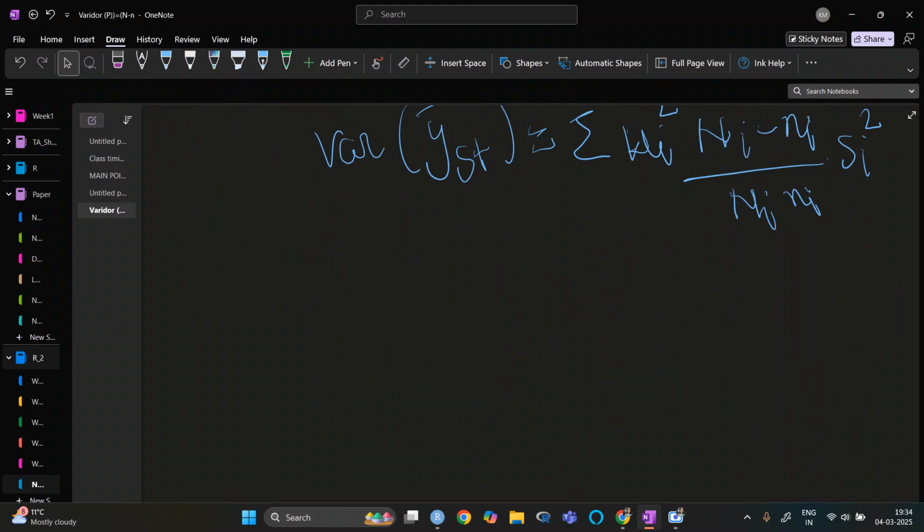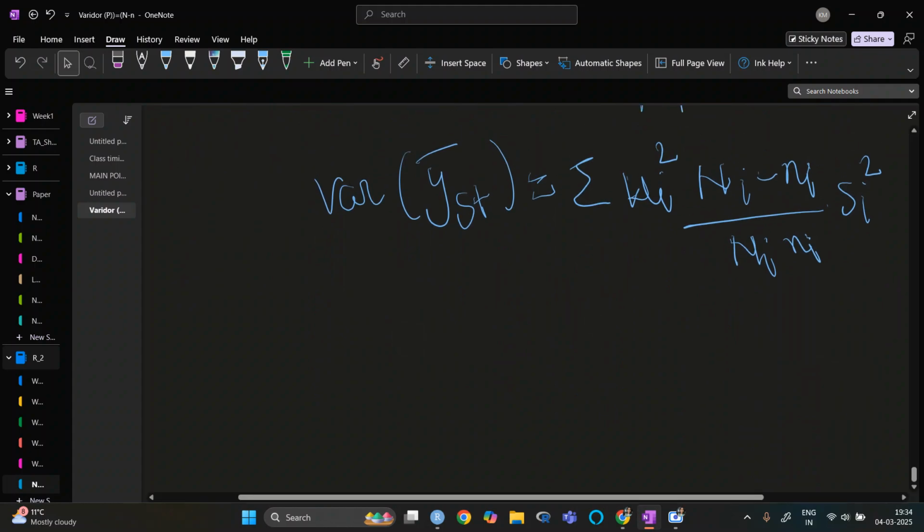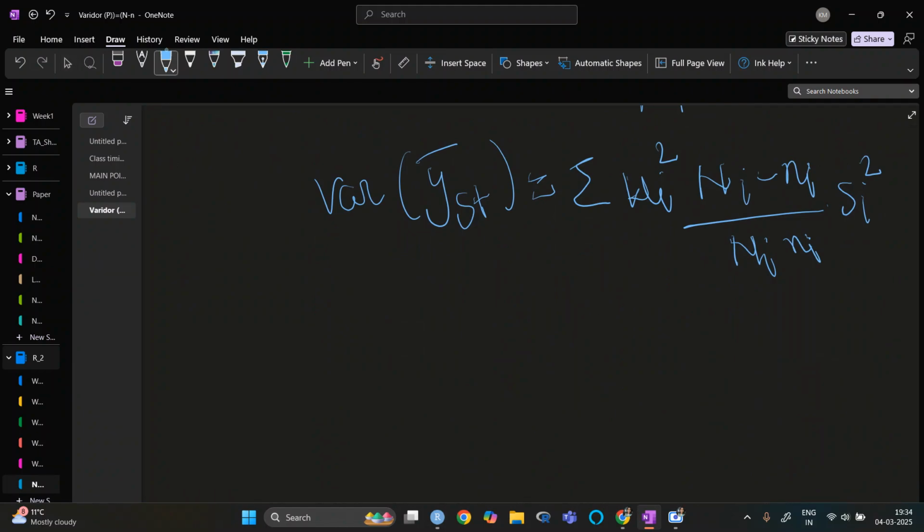Now the important thing we need to take here is that this one is constant, because capital Ni, the population, is constant. The sample size, let's say right now we are taking as constant, say a sample size of 20 only.